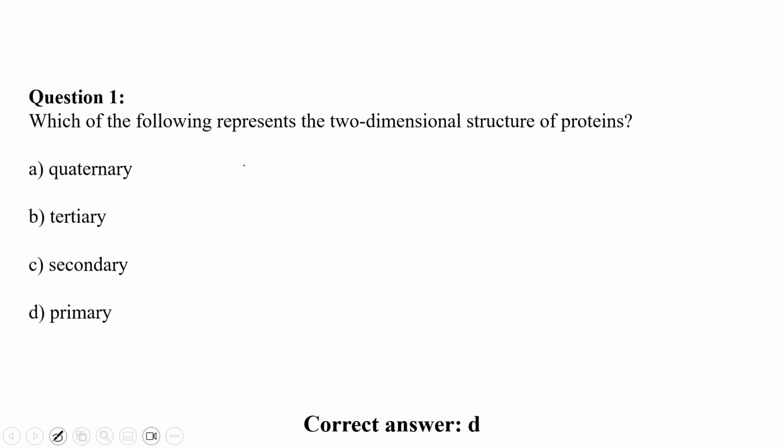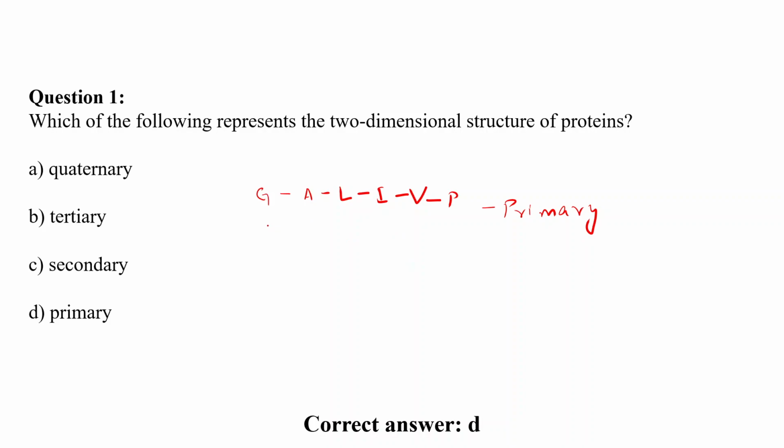Basically your amino acid sequence, let's say glycine, alanine, this will form a primary sequence. This is just the sequence of amino acids, the amino acids attached together.